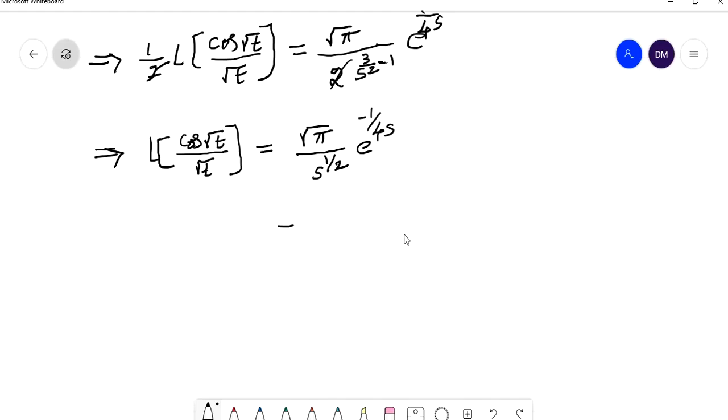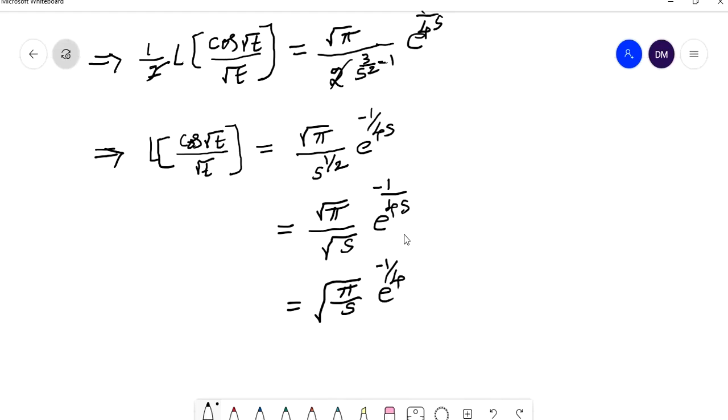So this is root pi by s power 1 by 2, which is nothing but root s, into e power minus 1 by 4s. So this is equal to root of pi by s into e power minus 1 by 4s.